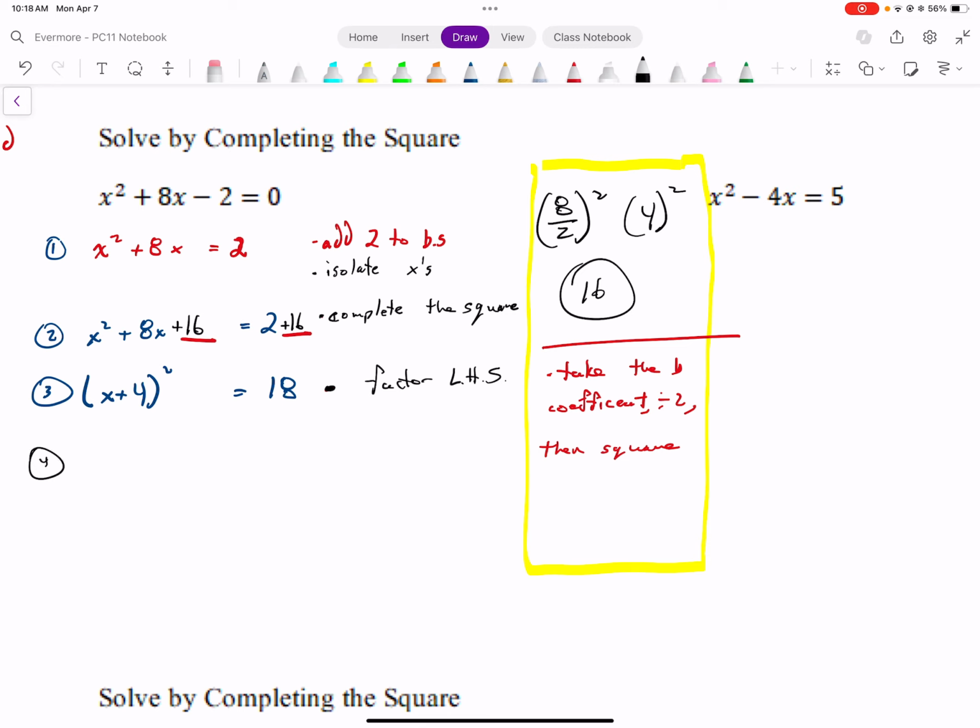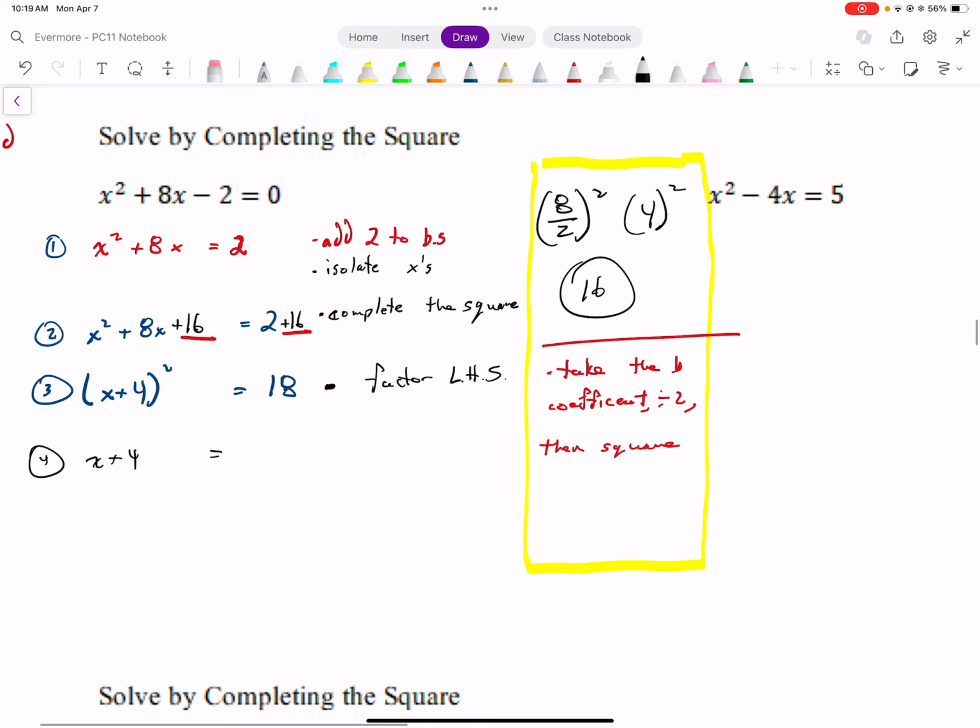So step 4 is I'm going to take the square root of both sides. If you notice, the left-hand side is a perfect square. And I try not to make any thought too big. So I'm going to square root both sides. Last step is I'm just going to subtract 4 to both sides.